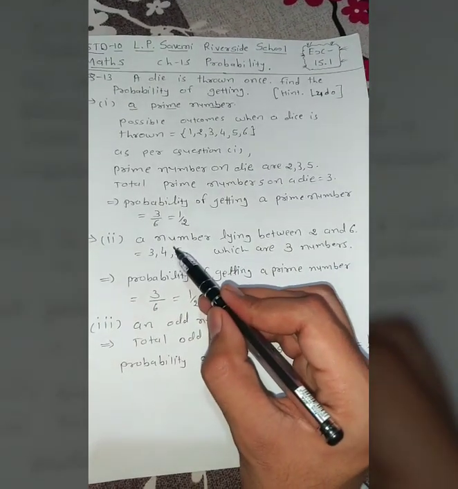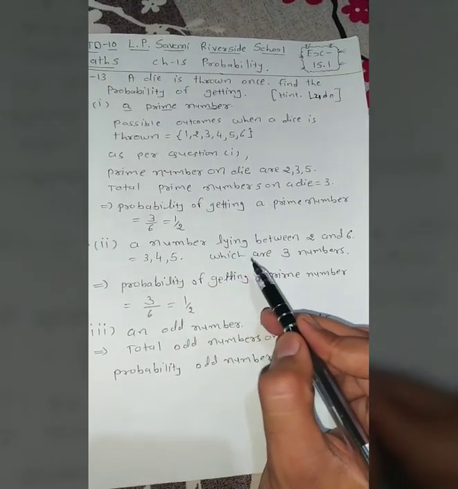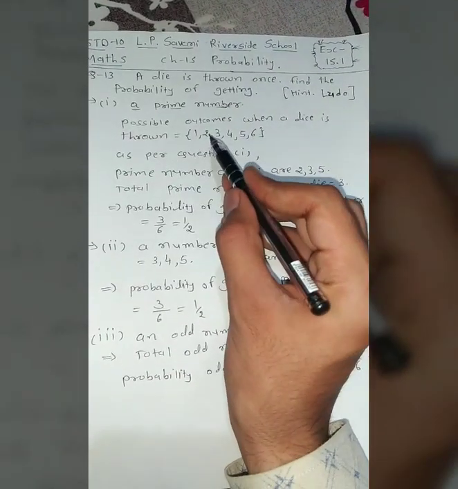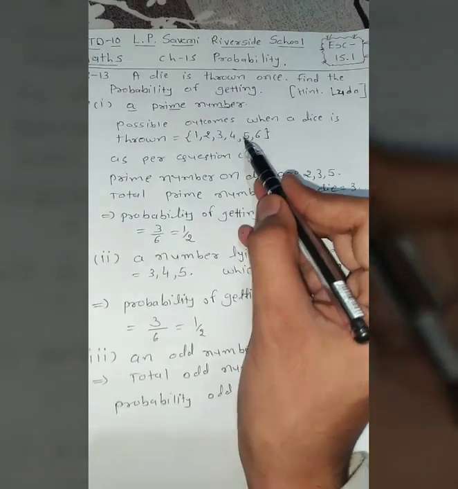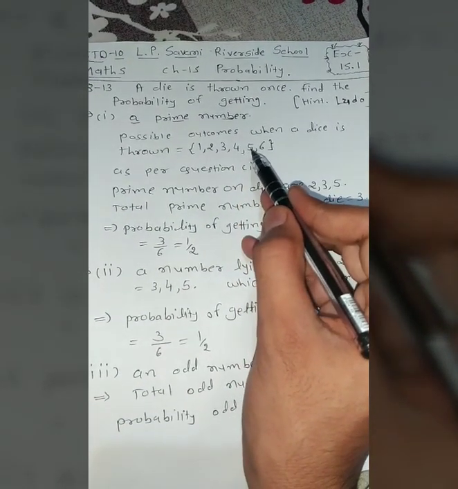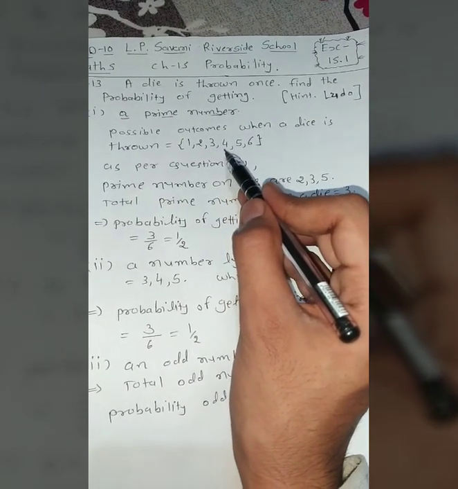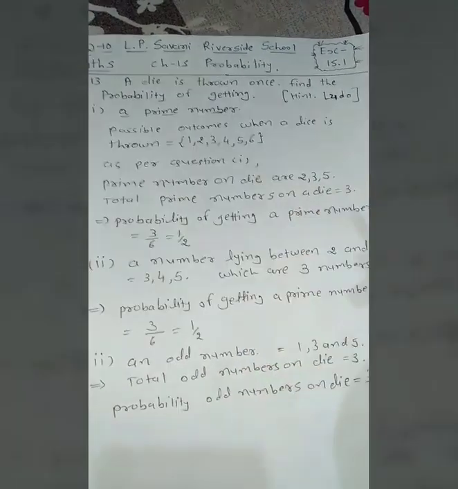Our second question is numbers lying between 2 and 6. Here the numbers lying between 2 and 6 are 3, 4 and 5, which is 3 possibilities. One possibility is 3, second is 4, and third one is 5.